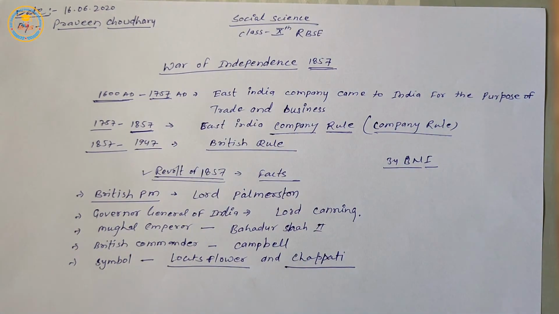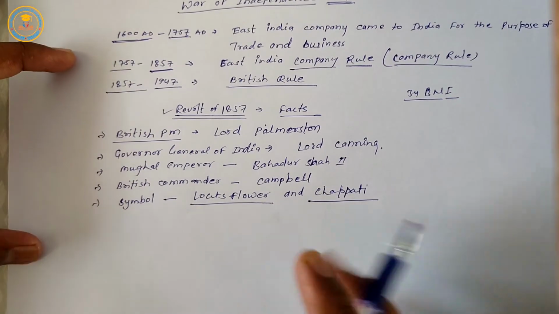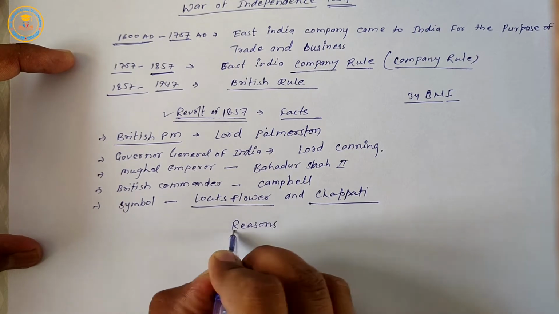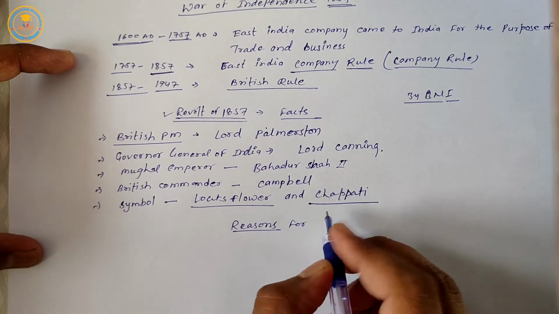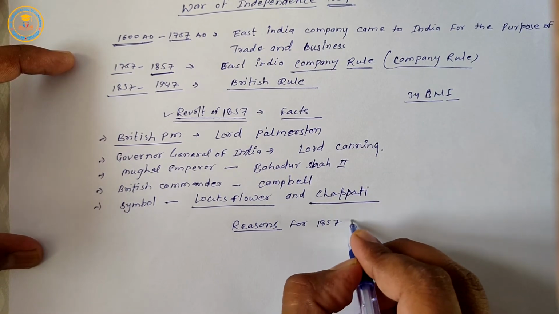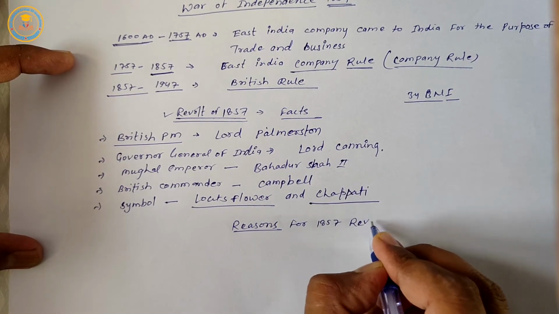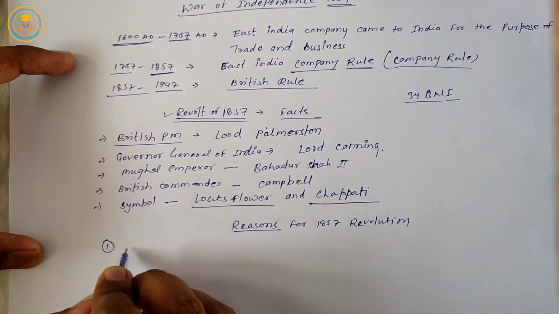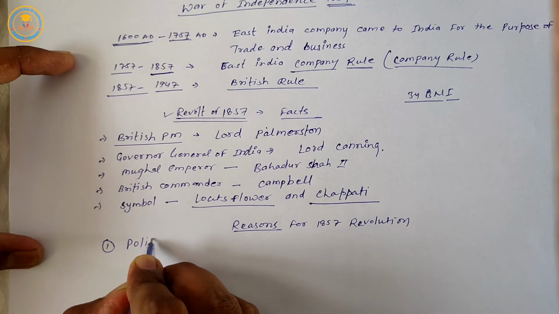So here are the reasons for the 1857 revolt. First, political reason.